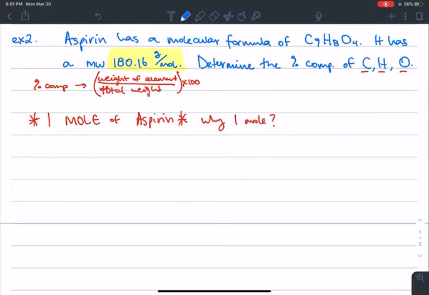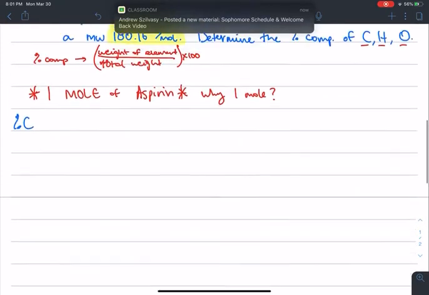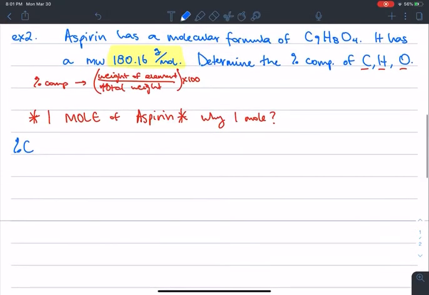So that's basically what we're going to do. So for percent carbon, we know that for every 1 mole of aspirin, we have 9 moles of carbon.